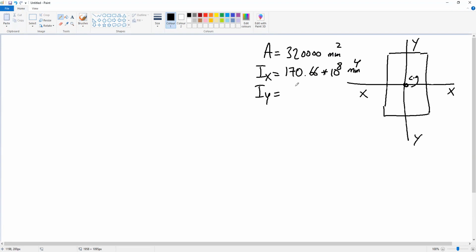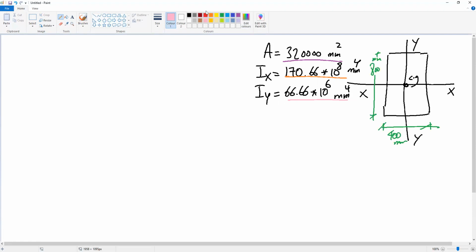IY equal to 66.66 times 10 to the power 6 millimeter to the power 4. So these are our properties. The dimension of the section, again, this 400 millimeter and this is 800 millimeter.